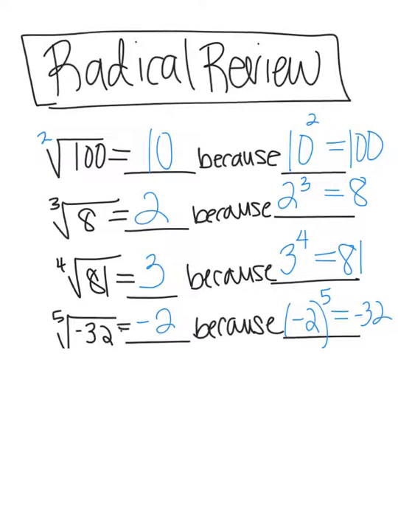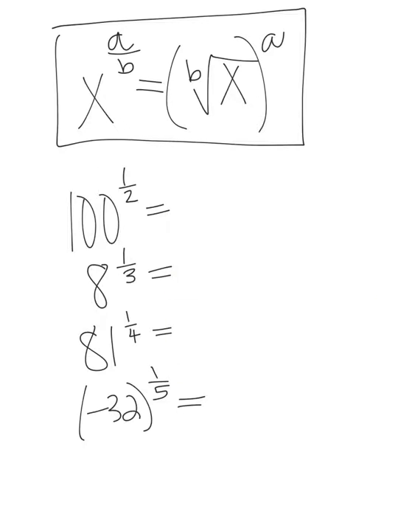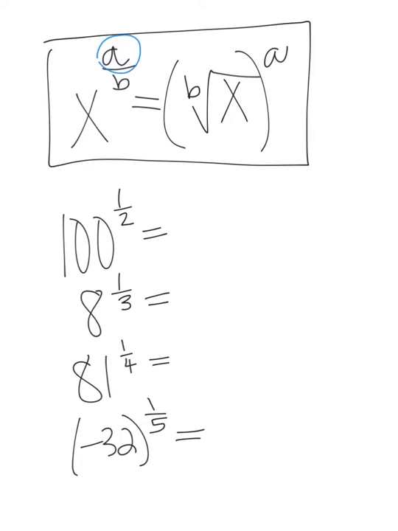All right, so let's look at some other examples if I was to write these as rational exponents. For rational exponents, this is the rule. If I have a number raised to a fraction, the numerator, this a, is the power, and the denominator is the root.